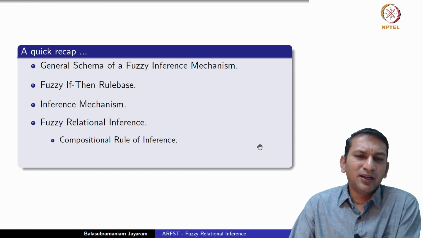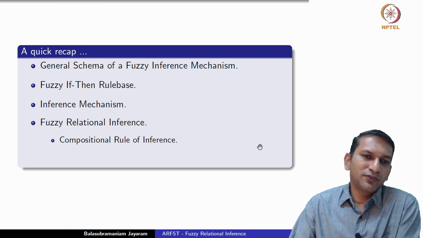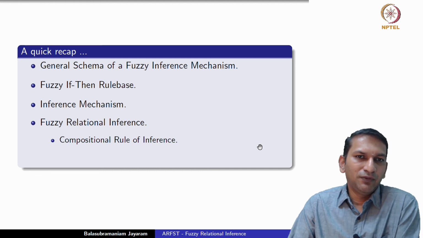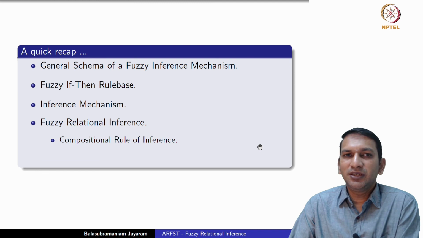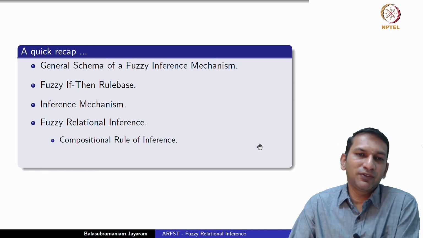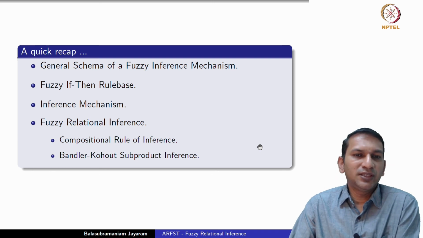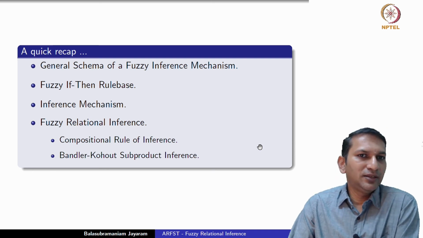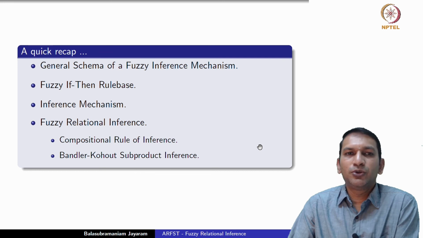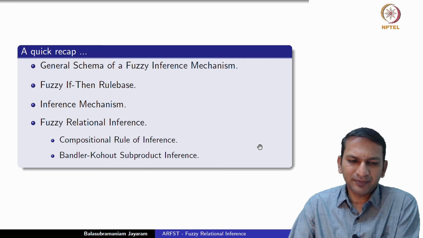In this again, we looked at two kinds of fuzzy relational inference, which essentially differ based on the composition operation being used. If you use the sup-T composition, we call it the compositional rule of inference, which we will abbreviate as CRI. And if you use the inf-I composition, you land in what is called the Bandler Kohout Subproduct inference, or in short, BKS inference.